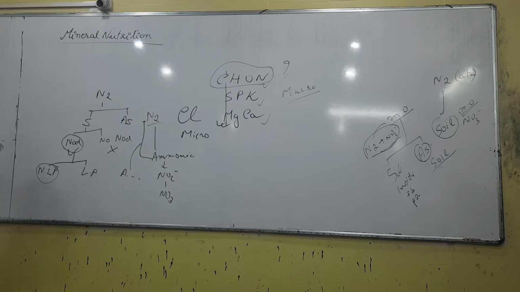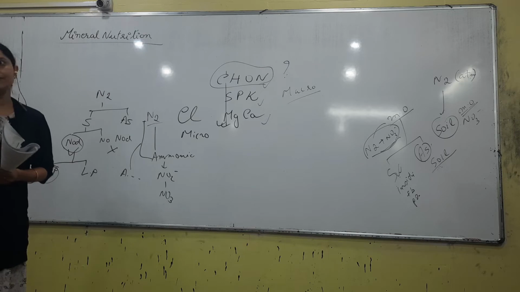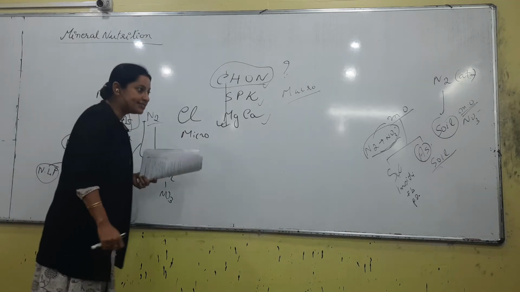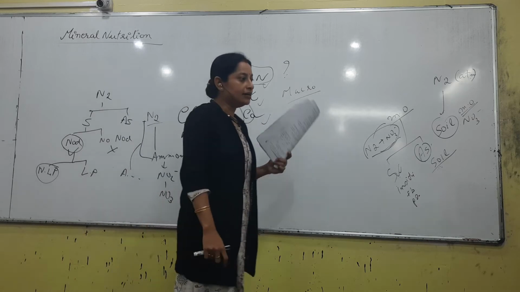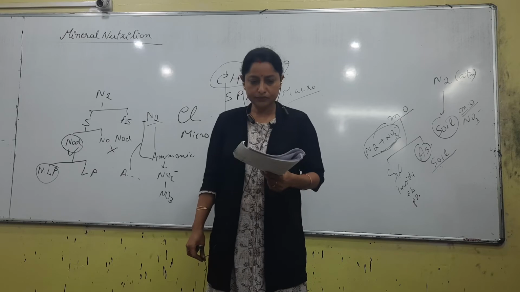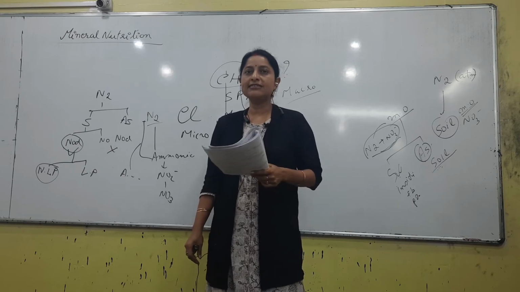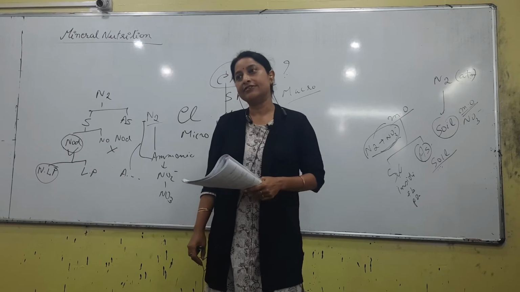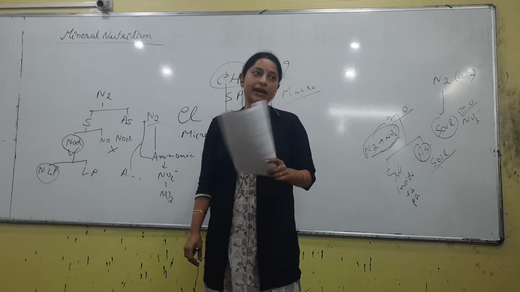Okay. So ammonification we understood, nitrification also. Microorganisms examples ami porim. The next point is denitrification. What is denitrification? The movement or the process through which soil nitrogen goes back to the atmosphere is called as denitrification. Who is responsible? Again microorganisms.